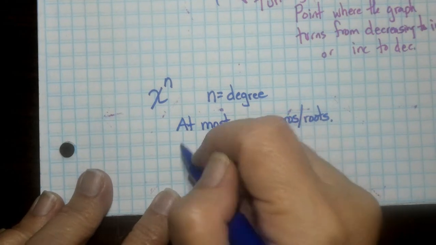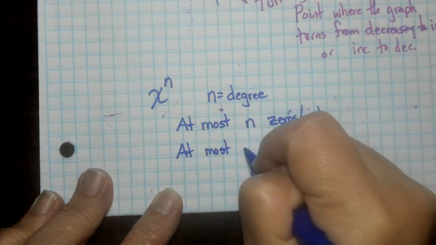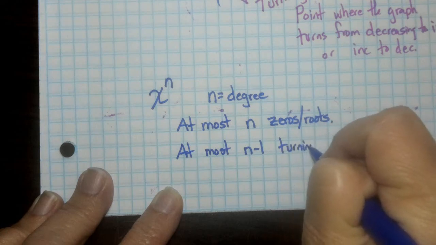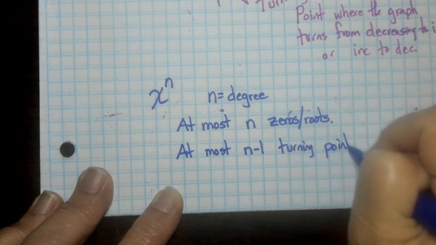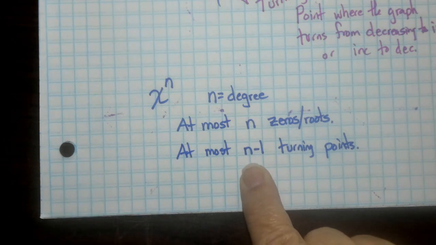And my degree is going to tell me that I have at most n minus 1 turning points. So whatever my degree is, I have 1 lower turning points. So if I'm on a 4th degree polynomial, that polynomial can only turn 3 times.